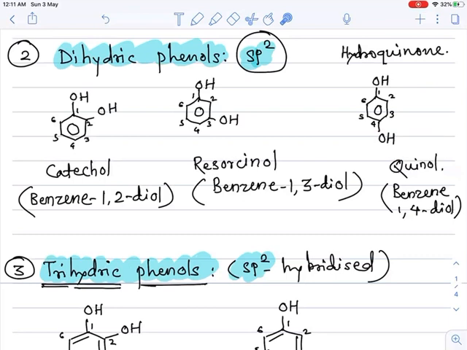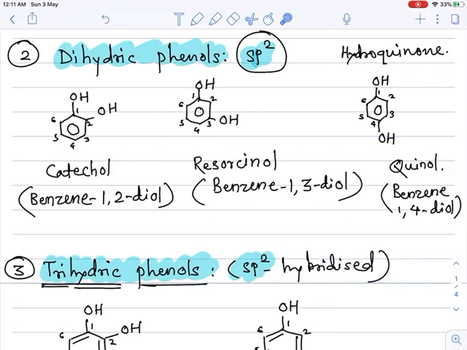In these three examples, if 2 OH groups are present at carbon number 1 and 2, the common name for this compound is catechol, and its IUPAC name is benzene-1,2-diol. If the OH groups are attached to the benzene ring at position 1 and 3, its common name is resorcinol, and its IUPAC name is benzene-1,3-diol.